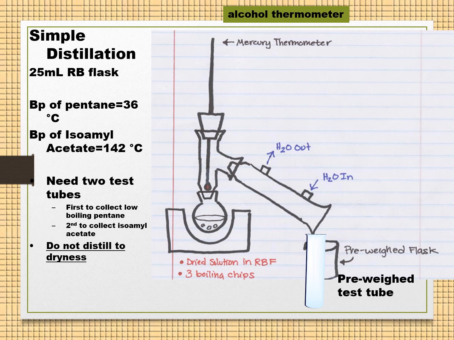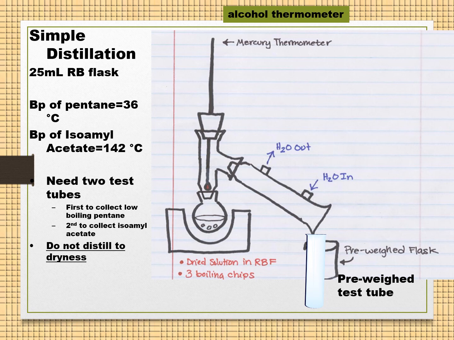This pentane will be finally removed by distillation, which will come out at only 36 degrees Celsius, whereas the final product ester will be obtained at 142 degrees Celsius, so we will have two products here at different temperatures, and for that we have to use two different containers or two different test tubes to collect them.